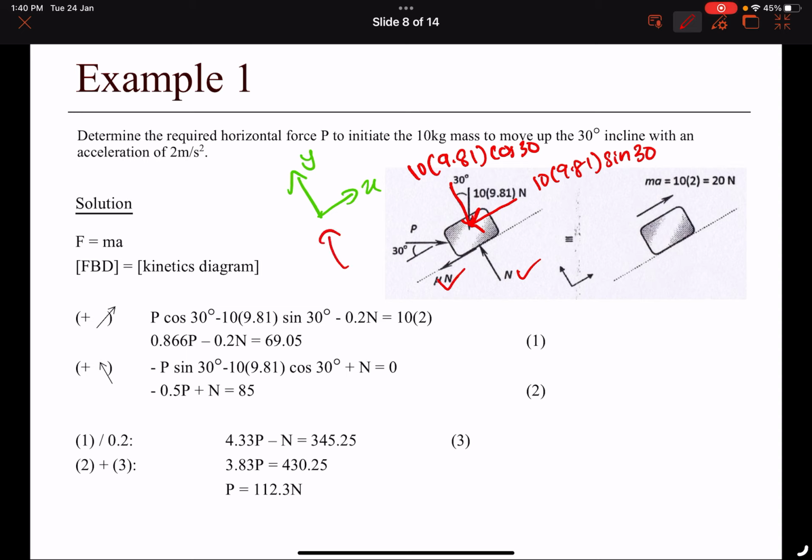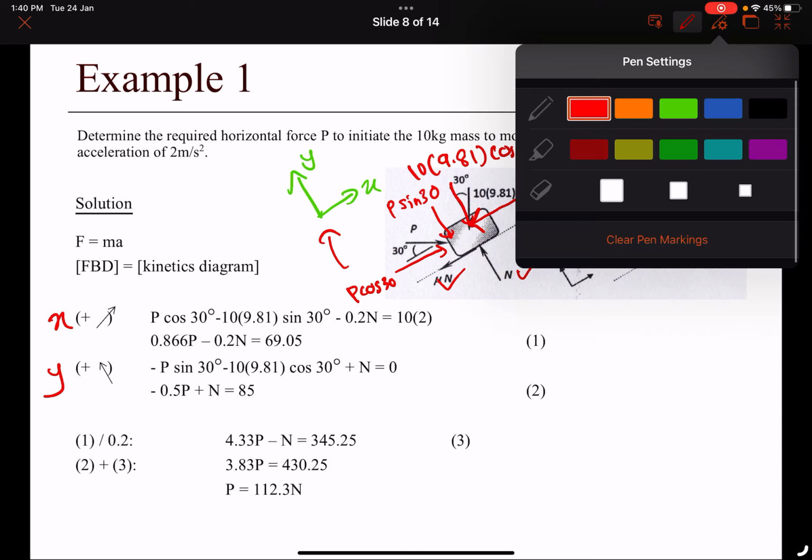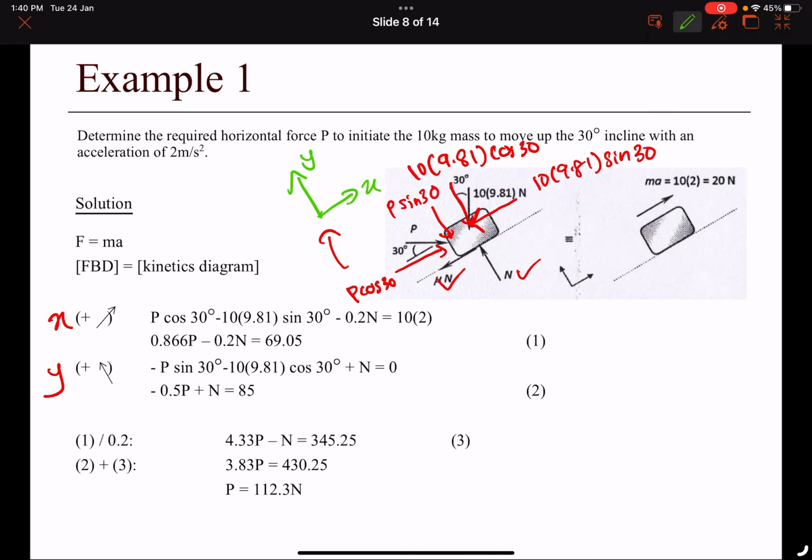And then this one you should resolve into two components, which are P cos 30, and going down, which will be sine 30. So this one is x, this one is y. You have to select the x1 first. Let's say you want to solve the x1.